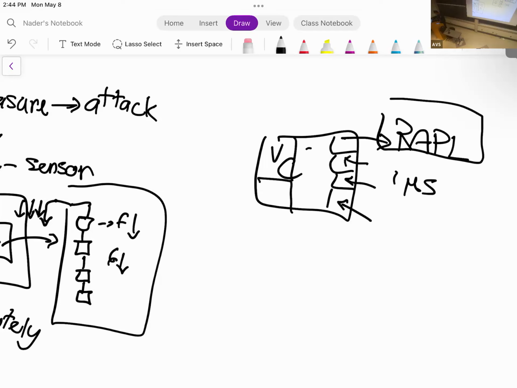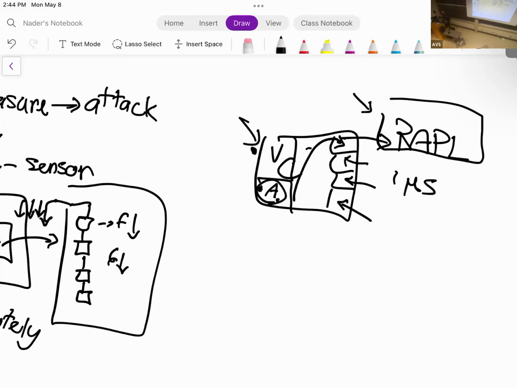So this would be the victim application, this would be the adversary's application. The adversary also has access to these sensors. So occasionally they read this, and since this value is impacted by both this application and this application here, the adversary can essentially indirectly measure what's going on in the victim application.